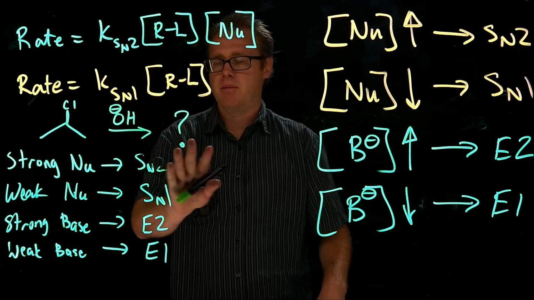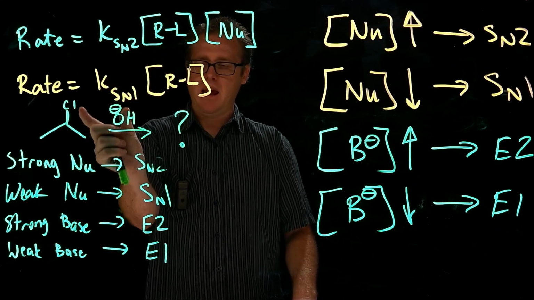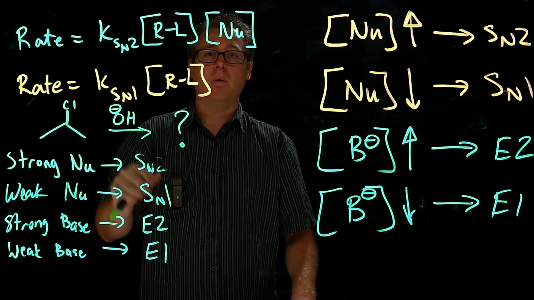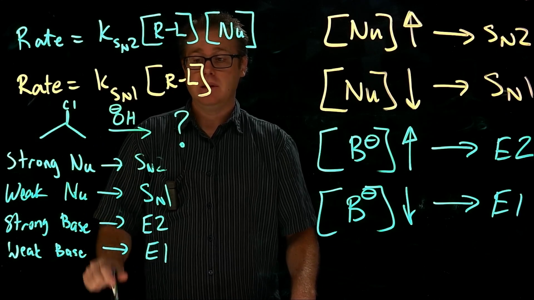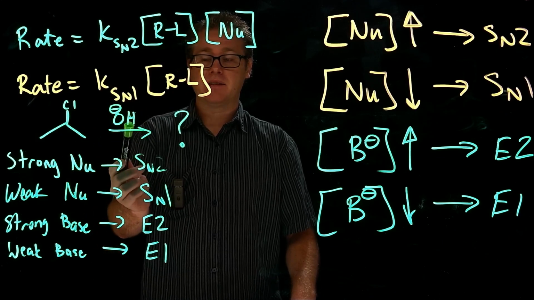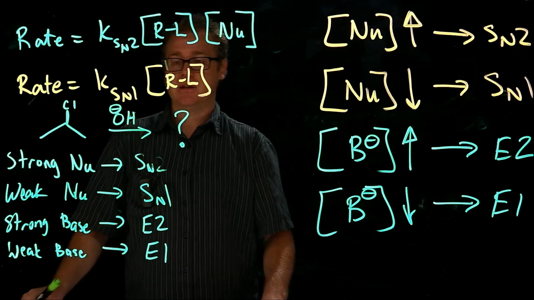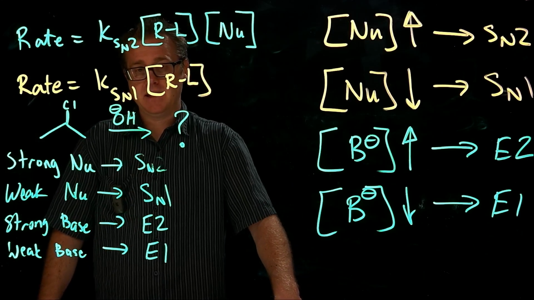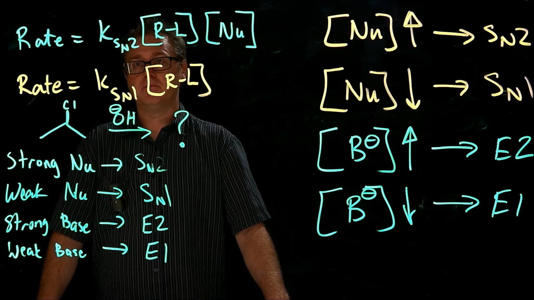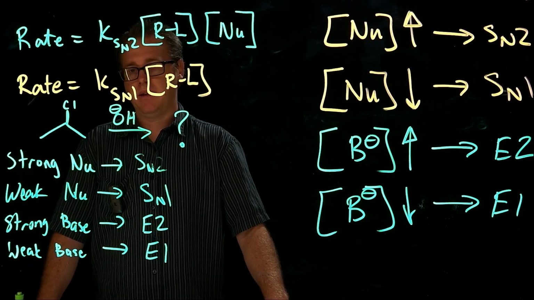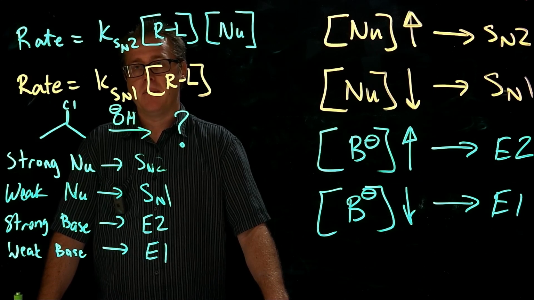But that's not what I want to talk about. What I want to talk about is when you see a reaction, you're always going to assume that the attacking species concentration is high, that the attacking species is concentrated. That's the assumption you go by every single time.